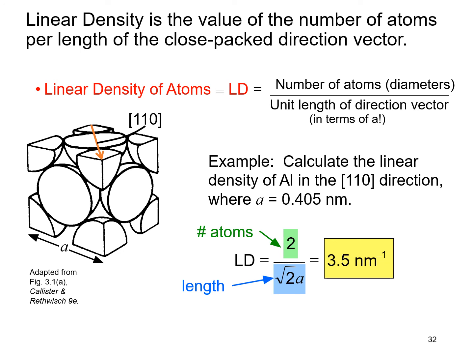For example, when you calculate this for aluminum in the 110 direction, we have a unit cell a value of 0.405 nanometers. You can calculate the linear density of this material to be 3.5 per nanometer.